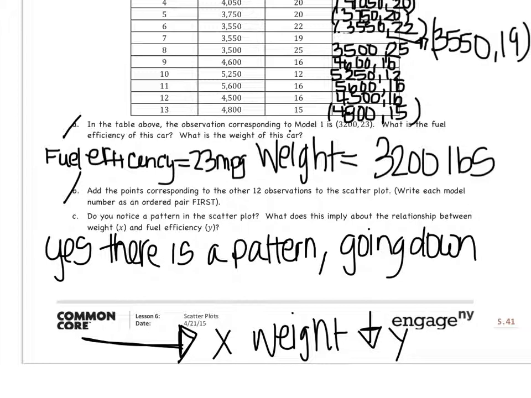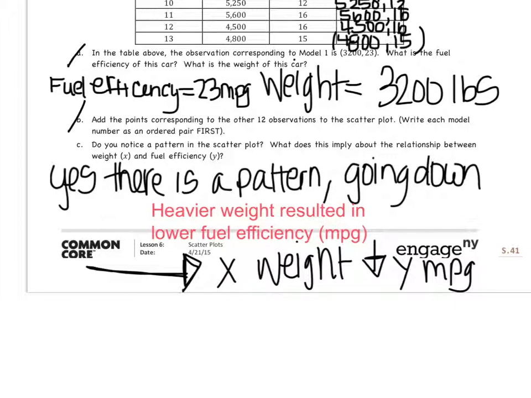Our y was going down. So our miles per gallon wasn't as good. So I'm going to write this now as a sentence to explain what it implies. All right, so all that means was that a heavier weight resulted in a lower fuel efficiency.